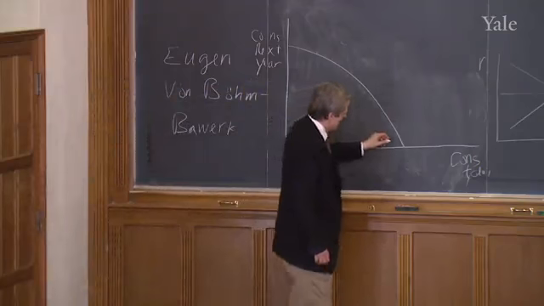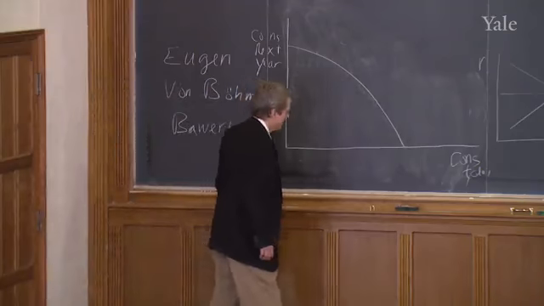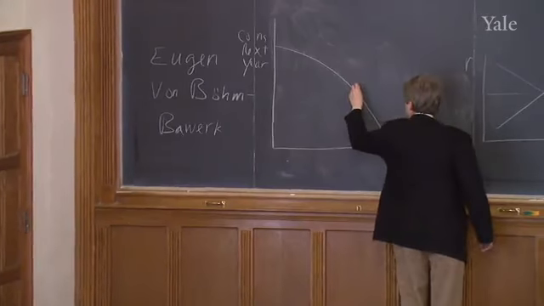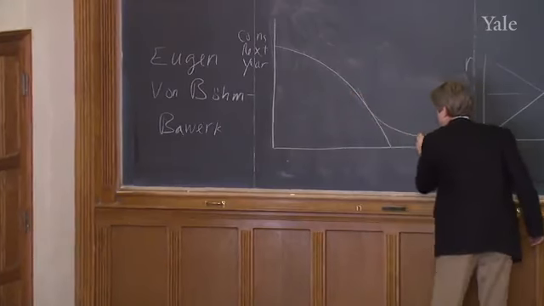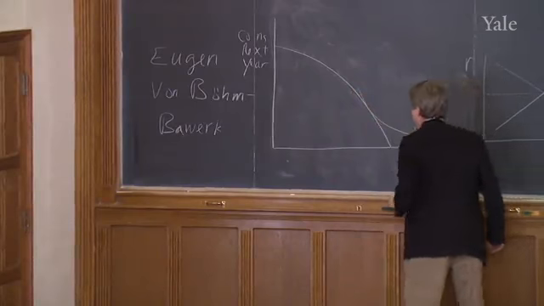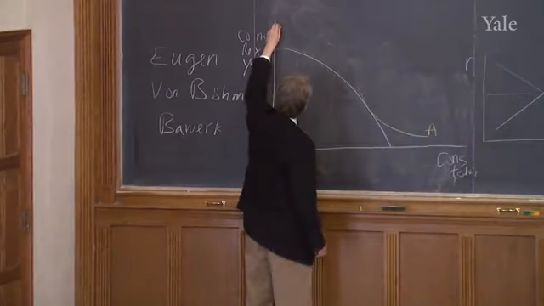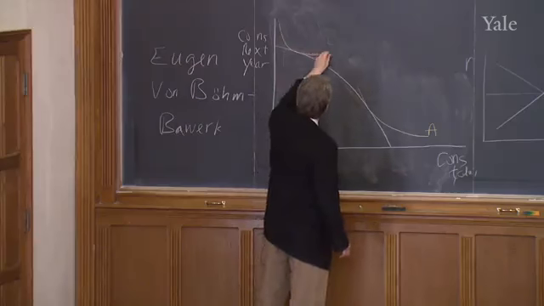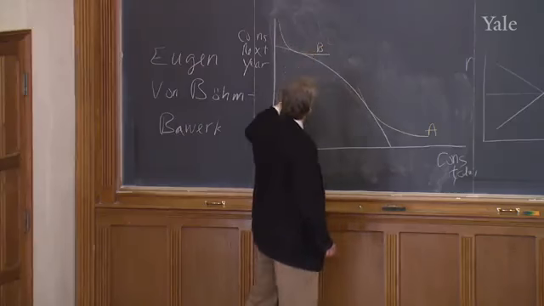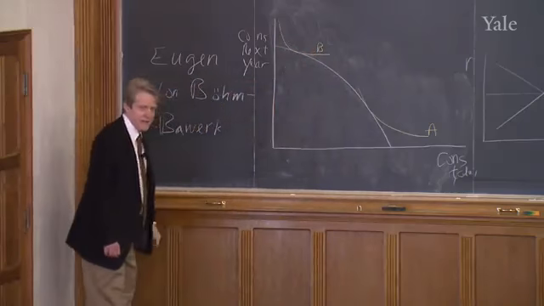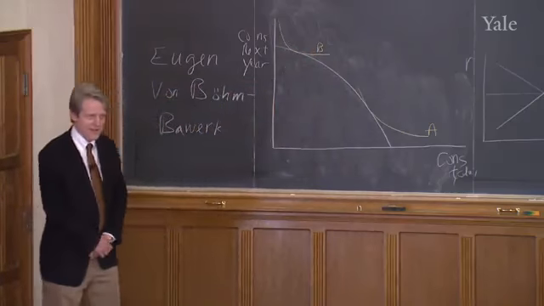So Crusoe A, his indifference curves form a tangency down here. So this is A. And Crusoe B's indifference curves are up here. This is B.